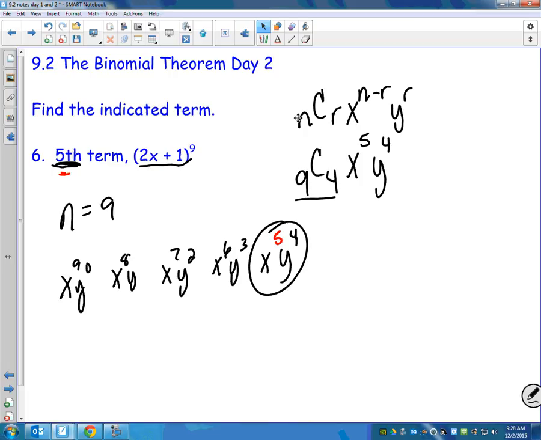Yes, that's 126. But the answer to this is not 126, because you have to plug in the first term, which is 2x. So we have to replace that with 2x to the 5th. And then the y is not y, that would be 1. That would be 1 to the 4th. So we're actually working out that whole term there.